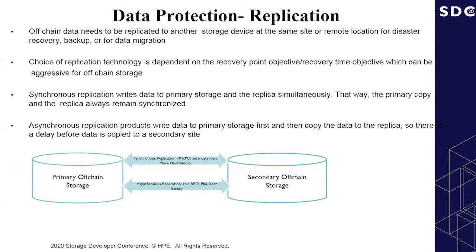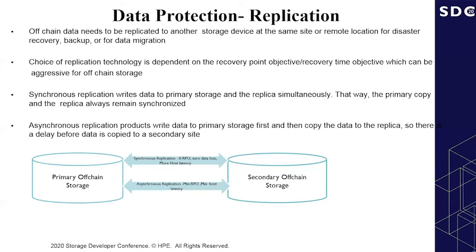That's because synchronous replication writes data to the primary storage and to the secondary simultaneously. That way, the primary copy and the replica always remain synchronized and there is zero data loss. But this whole process adds latency to the host writes.